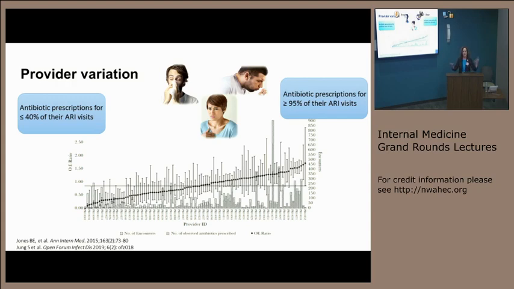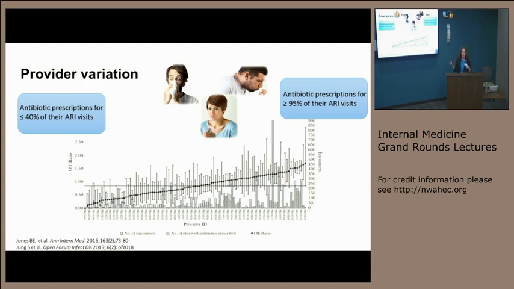At the low end of the prescribing spectrum, the 10% of providers who prescribe the least prescribe antibiotics for patients who have acute respiratory infections 40% of the time or less, whereas on the high end, providers will prescribe 95% of the time or more. So there's quite a bit of variation.